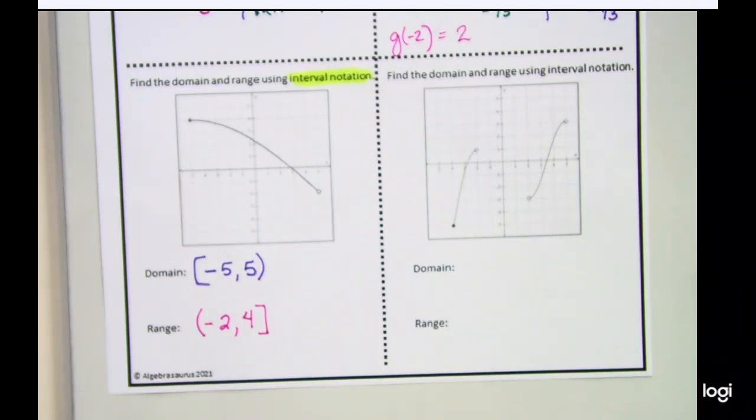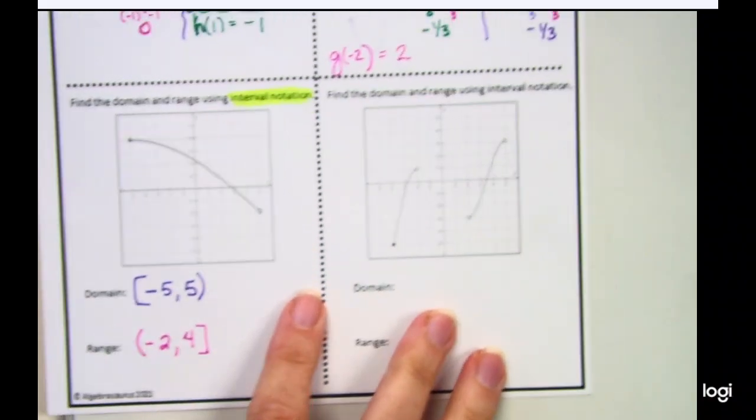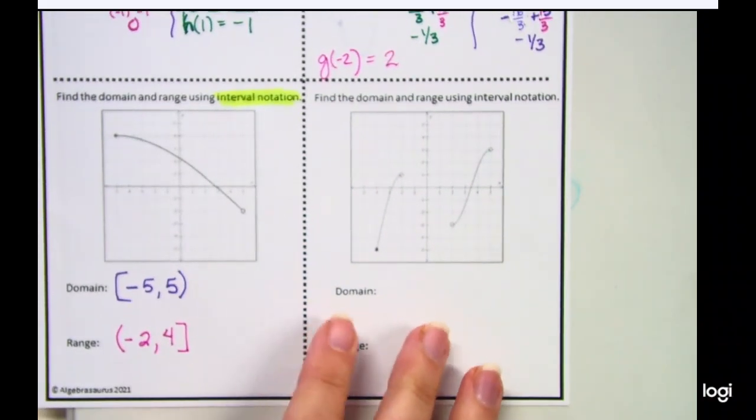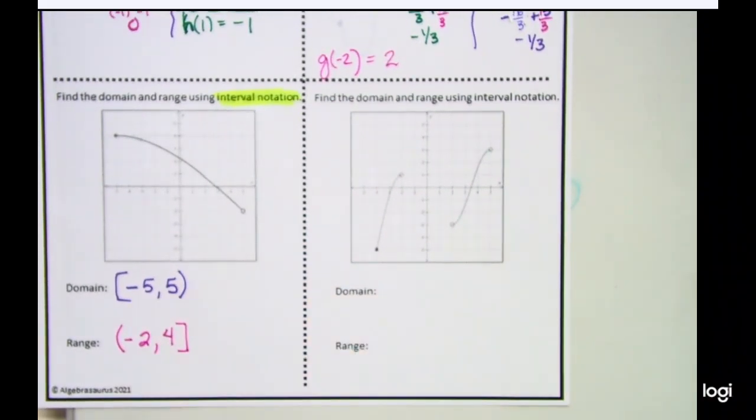Now, these over here that have multiple pieces are a little bit of an adventure. So let's do the same thing. Let's talk about our domain. Let's see. Domain is X, yes? So closed, open.